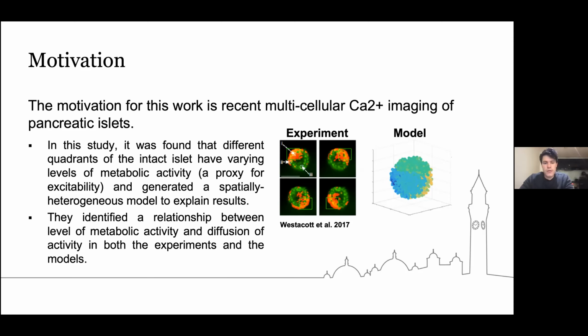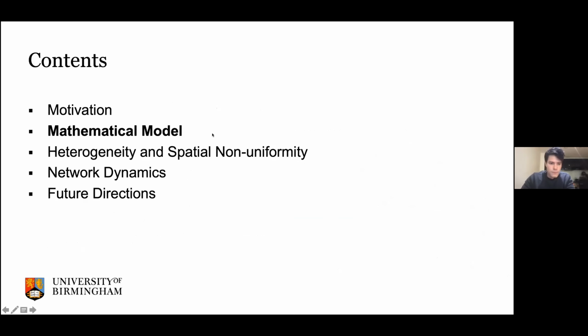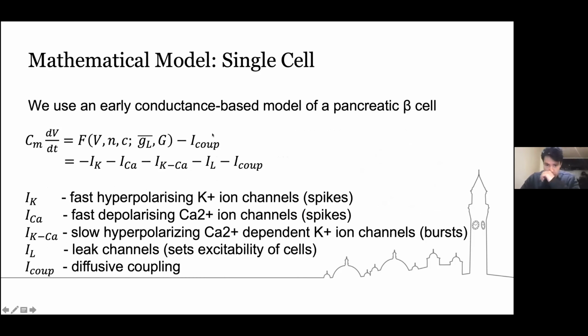So what I was trying to do was look at this spatial non-uniformity in a more generalized way with a simpler beta cell model that's really just a model of a bursting cell.